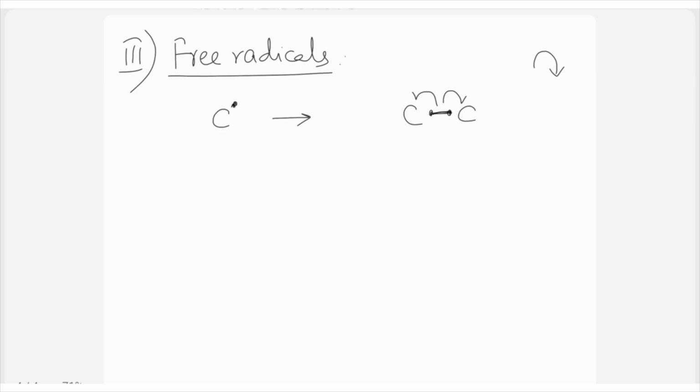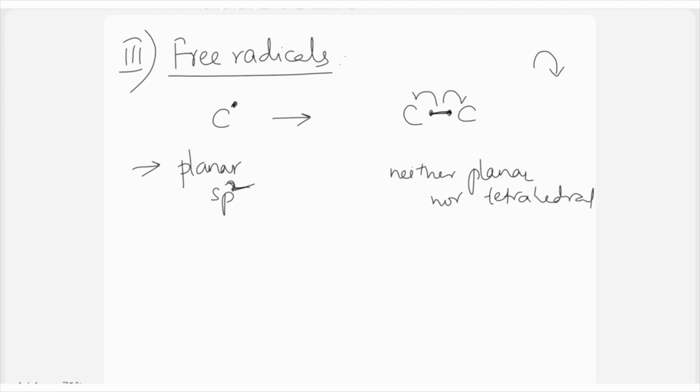Now this free radical can be either planar with sp2 hybridization, or it could be neither planar nor tetrahedral, and exist in the form of an equilibrium as a hybrid between p and sp3.